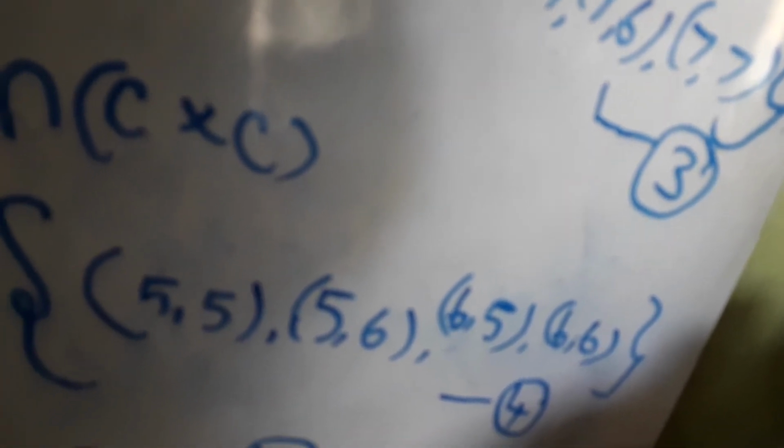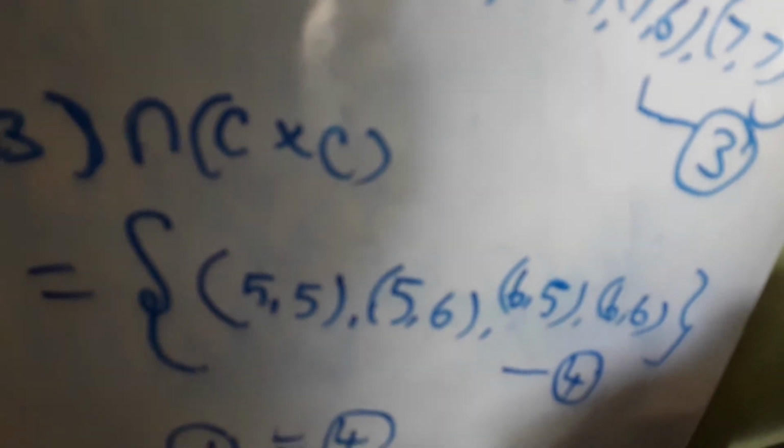And (6, 6) is also in both sets. Therefore, put this as equation number 4.